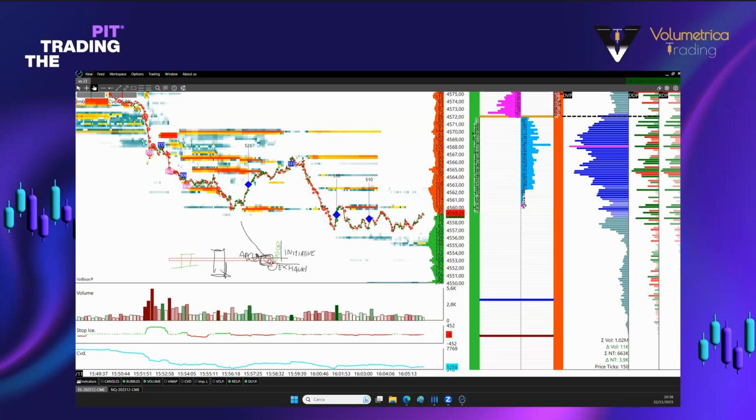But then weapons are out, so they get exhausted, and aggressive traders on the other side initiate the move back above the liquidity and back above the previous effort of sellers.